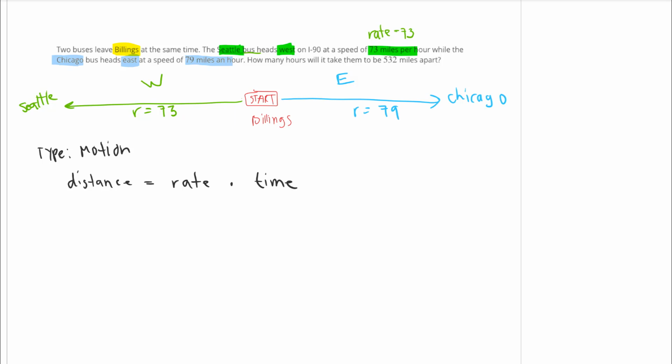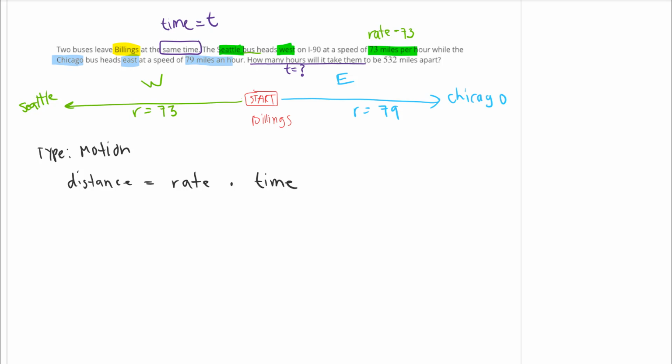So the only piece of information I'm really missing here is that I have the same time. So we don't know what the time is. That's what we're trying to figure out. Since it says how many hours will it take them, my hours, my time is unknown. That's what I'm trying to figure out, okay?